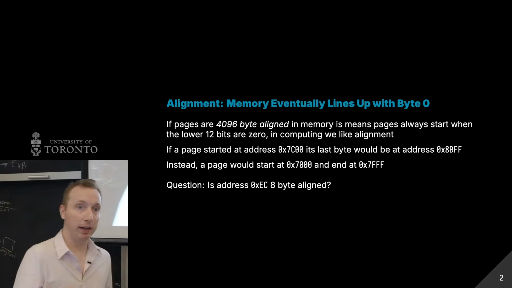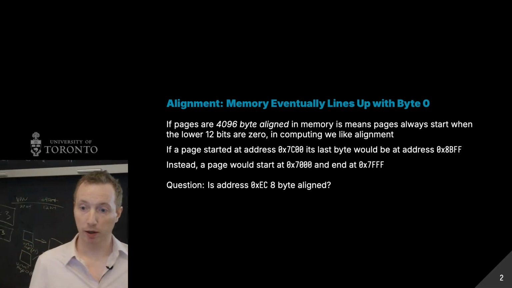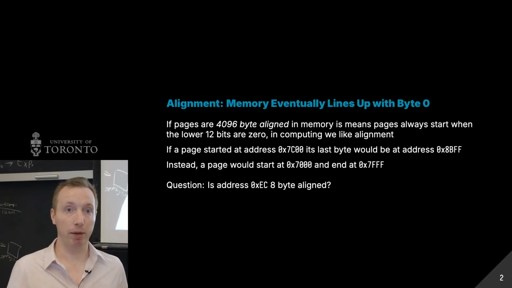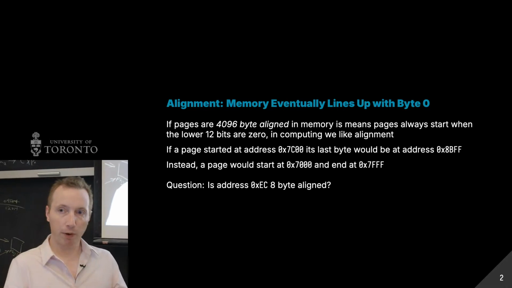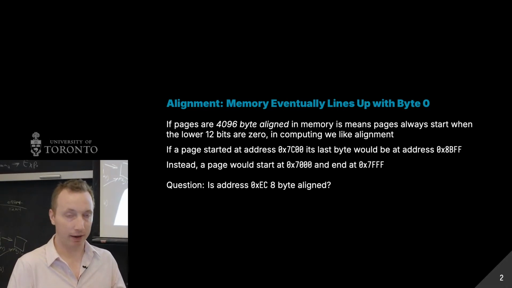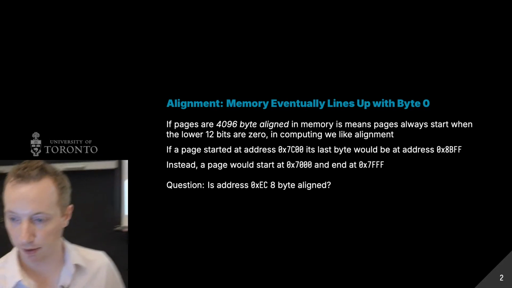That means they all start when the lower 12 bits are 0. So in memory, all the page tables would start at 0, 4096, 8192, whatever. It would be a multiple of that page size.